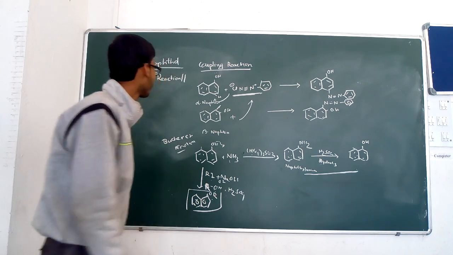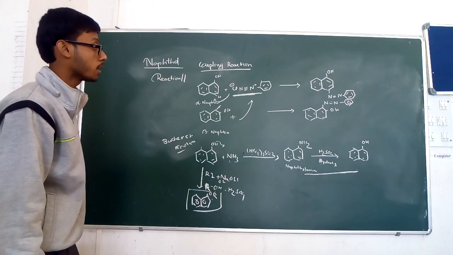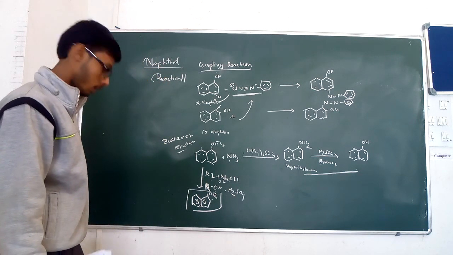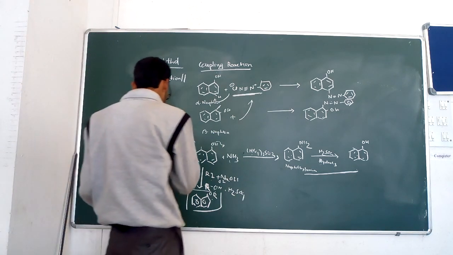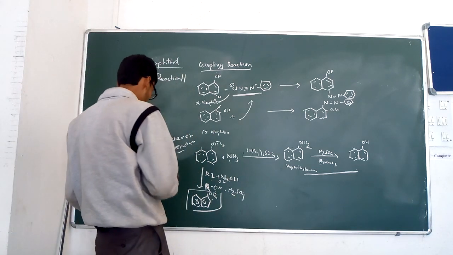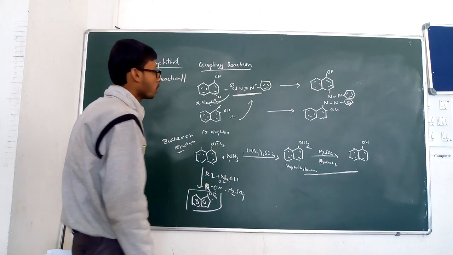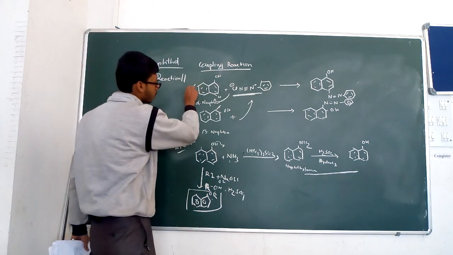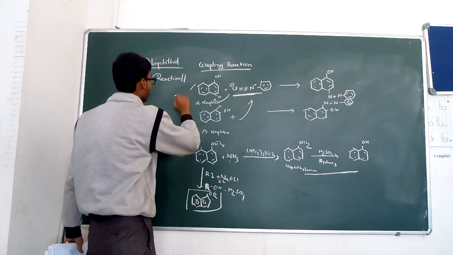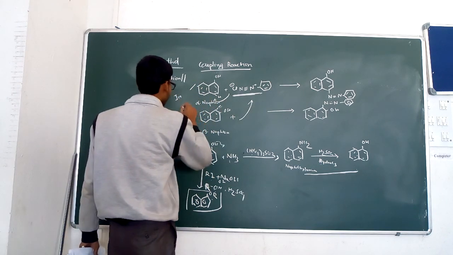That's about the naphthol, and it is mainly used in the dye industry, whereas alpha naphthol is used as an insecticide, and beta naphthol is used as a tanning agent.